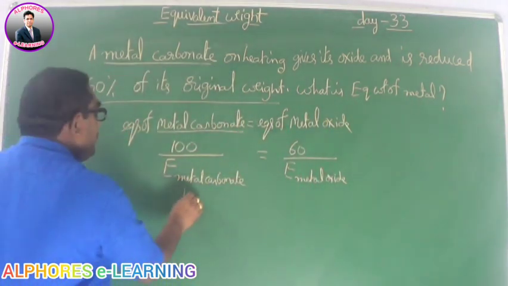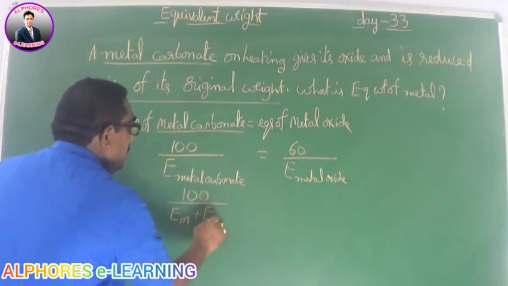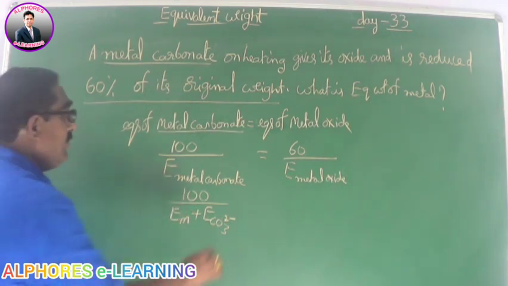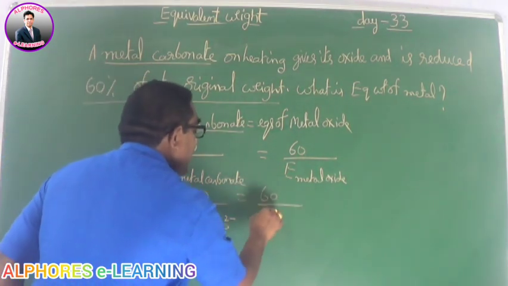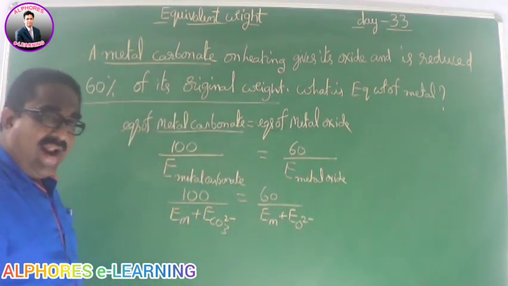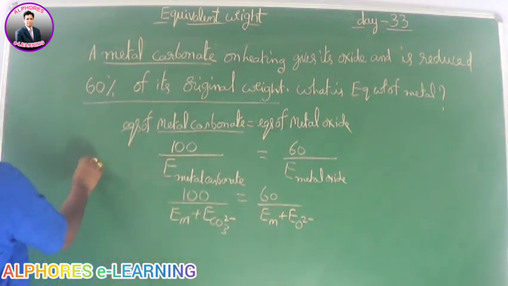Okay, now I will split: 100 divided by equivalent weight of metal plus equivalent weight of carbonate. Concentrate, students. 60 divided by equivalent weight of metal plus equivalent weight of oxide ion. For these two we can calculate equivalent masses.